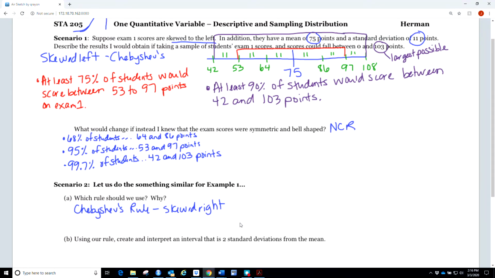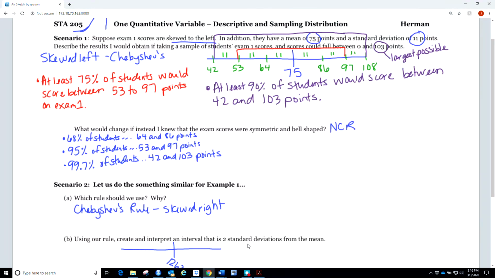So now using that rule, we're going to create and interpret an interval that is 2 standard deviations from the mean. So unlike our first example where we did all of the math, this one's just asking us to go out 2 standard deviations and just interpret that one. So starting the same way, we're going to start with that mean, which from our StatCrunch output was that $1.26 million value.